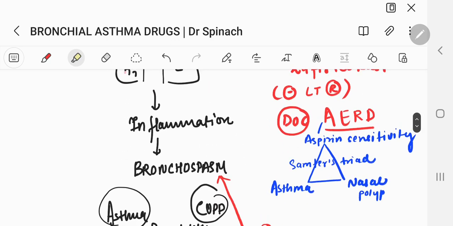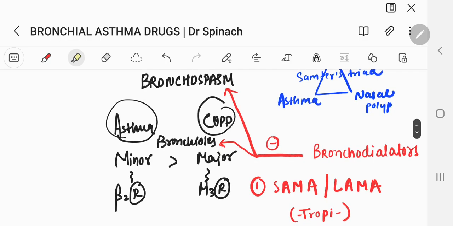What happens when these leukotrienes bind to these receptors in the lungs is inflammation, which leads to bronchospasm. Bronchospasm can happen because of binding to either the minor bronchioles or major bronchioles. That depends upon what kind of disease we are dealing with. In asthma, usually the affected ones are the minor bronchioles, which have beta 2 receptors. In COPD, the affected ones are major bronchioles, which have M3 receptors, right?